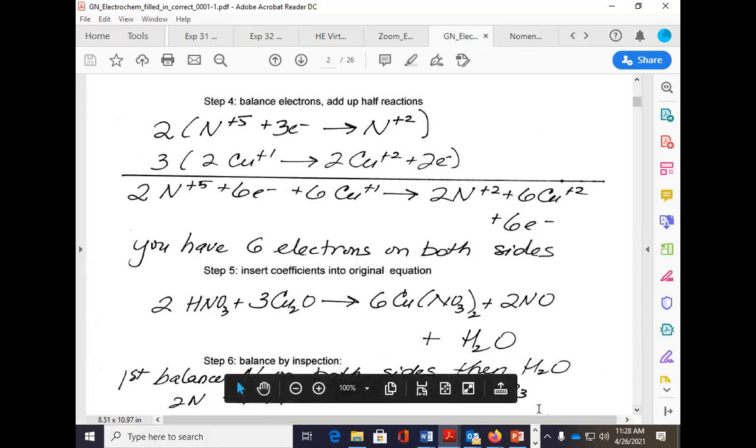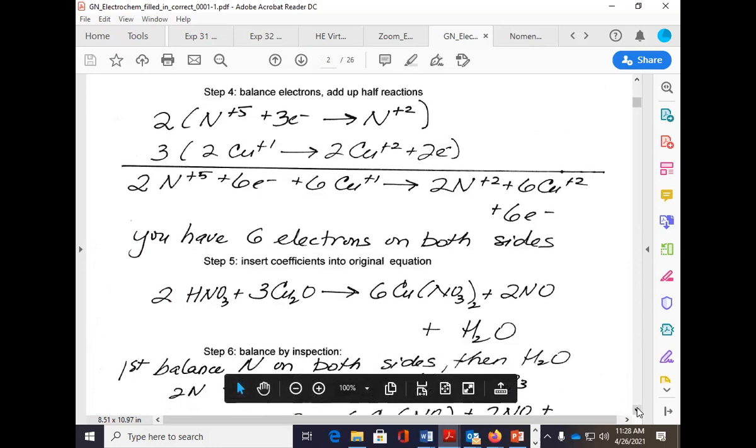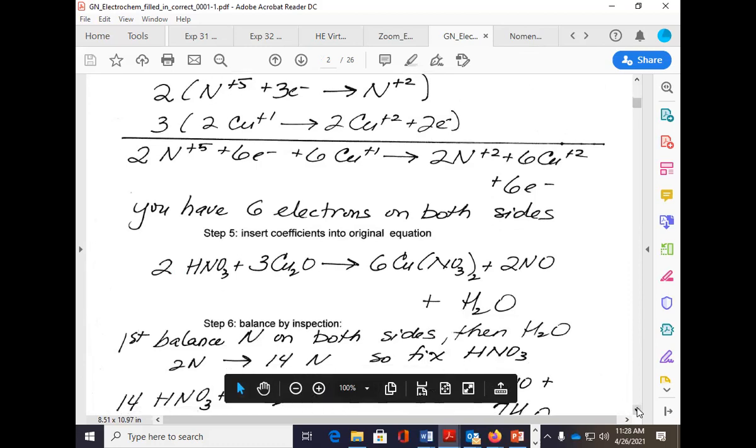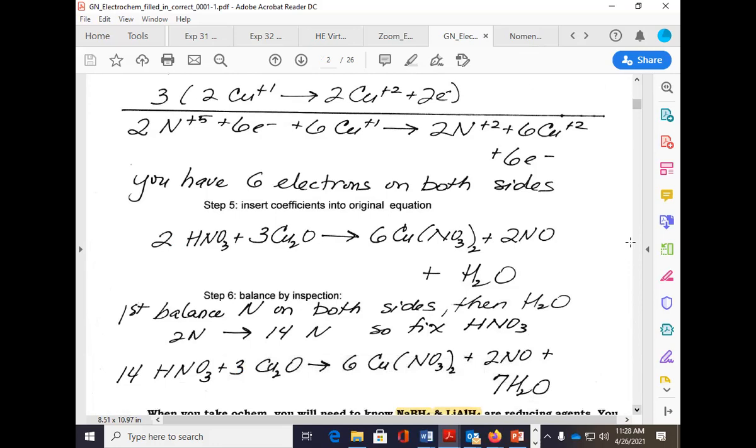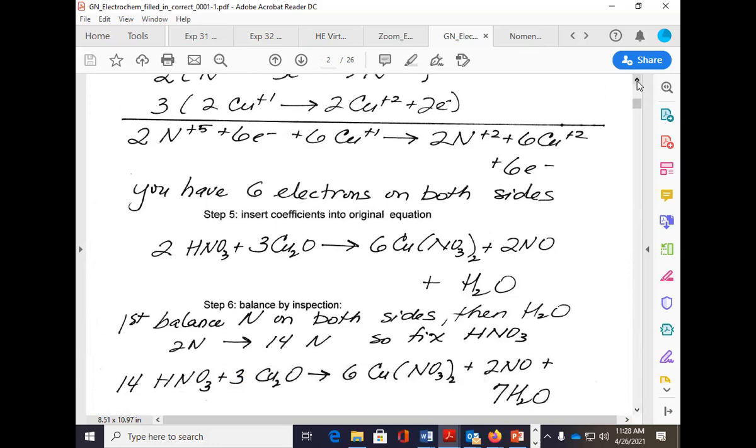So we're going to start by fixing the nitric acid. If we change this, we go back and change this to 14, because we know we have 14 here.